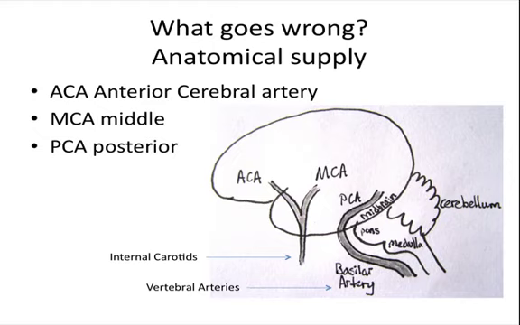So, supplying the frontal lobe, we've got the anterior cerebral artery, and then we have the middle cerebral artery, and finally the posterior cerebral artery. Now, the internal carotids both supply the ACA and the MCA, and the vertebral arteries both supply the basilar artery, which then becomes the posterior cerebral artery.